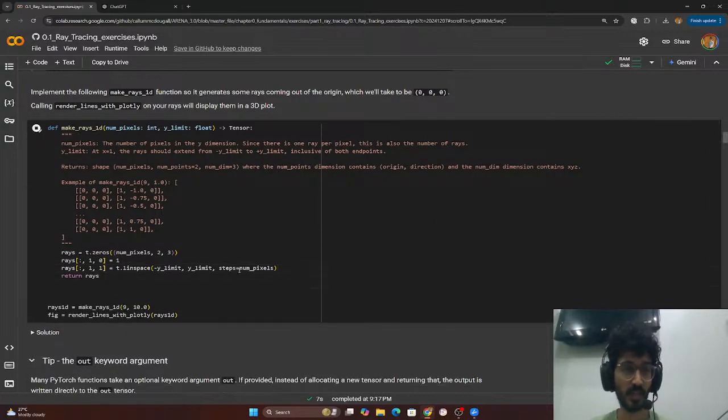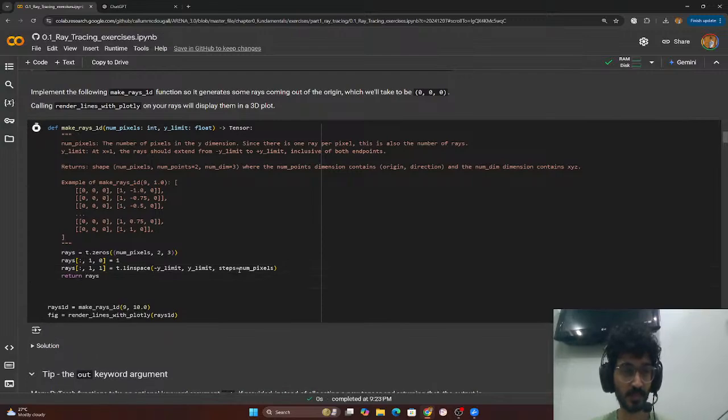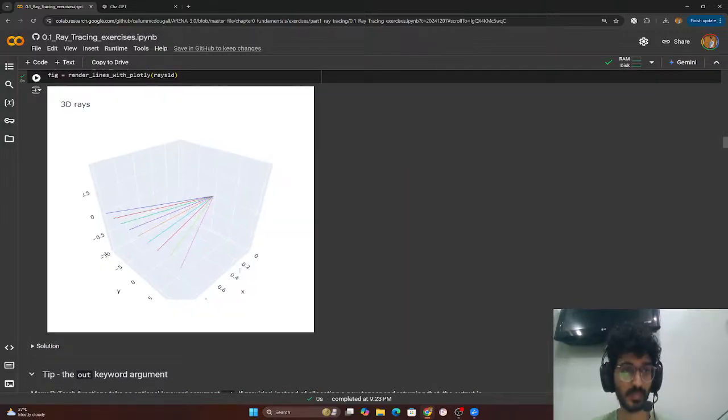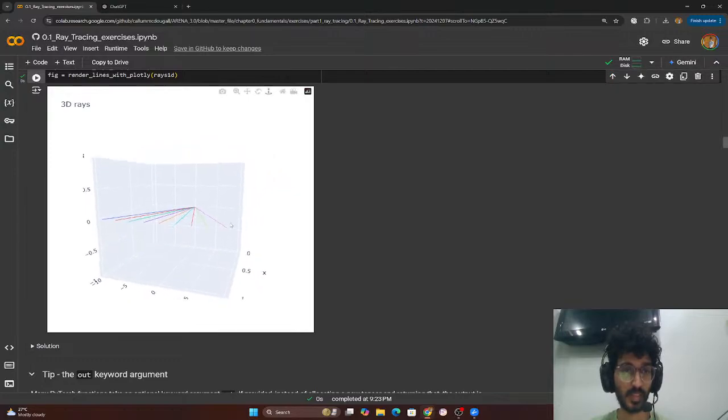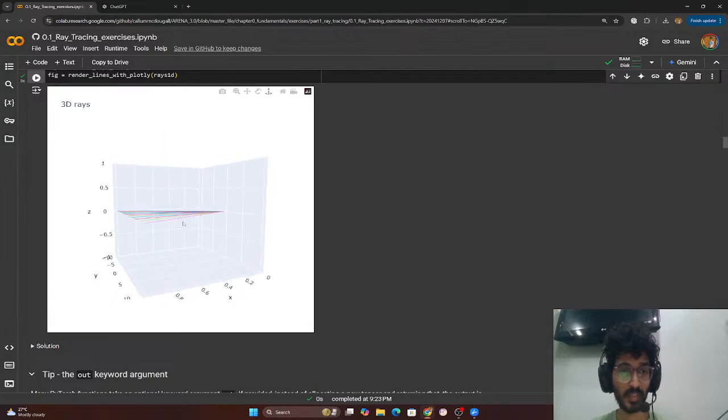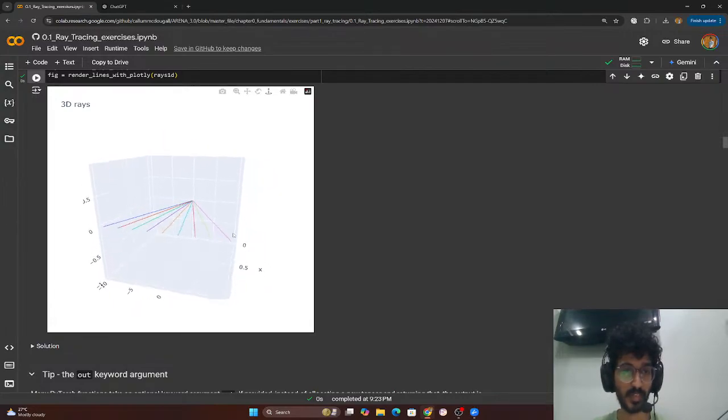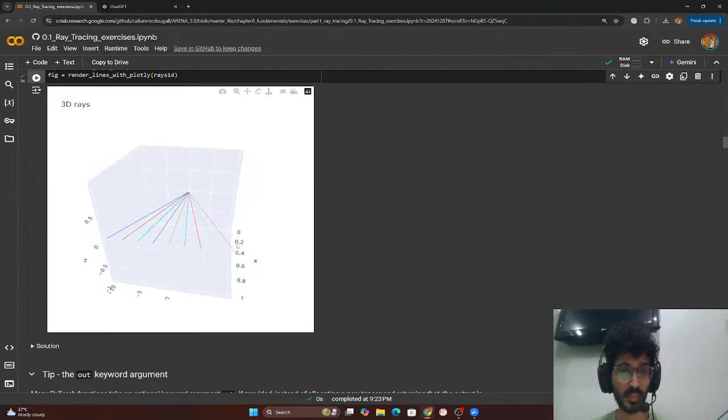This should work, right? Guess it did. So we have our x, we have our y, we have the screen at x equals 1, and we see evenly spaced rays.